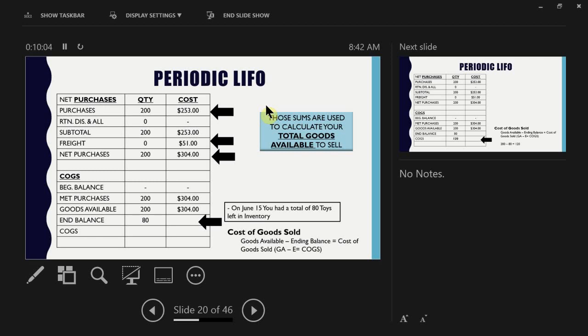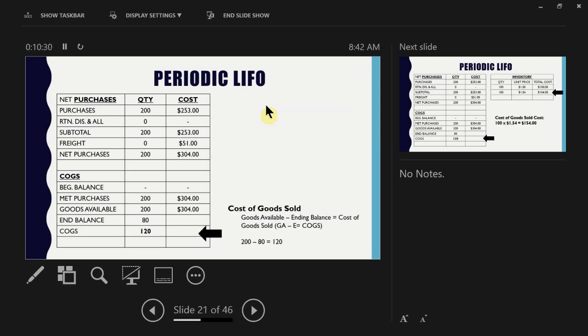Now, with a given segment here, if on June 15 you have a total of 80 units remaining, the formula for cost of goods sold is going to be your total goods available minus your ending inventory, which in this case, if we started out with 200 and we have only 80 left, we're going to be left with 120. So now we're actually going to go ahead and solve for the 120.